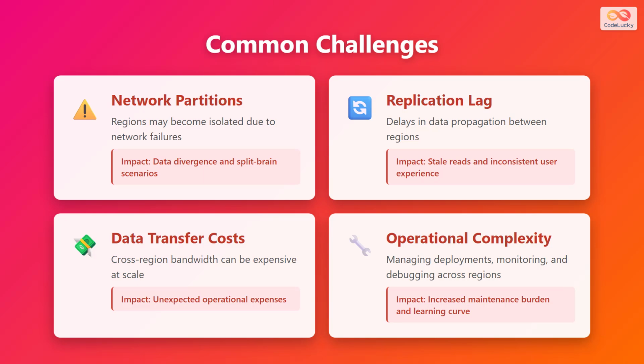Data transfer costs can escalate quickly, as cross-region bandwidth is expensive at scale, leading to unexpected operational expenses. Operational complexity increases significantly when managing deployments, monitoring, and debugging across multiple regions, requiring a higher level of expertise and more sophisticated tooling. Understanding these challenges upfront helps you plan appropriate mitigation strategies.